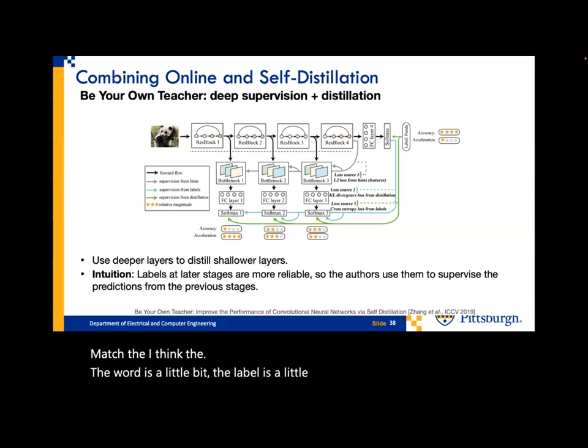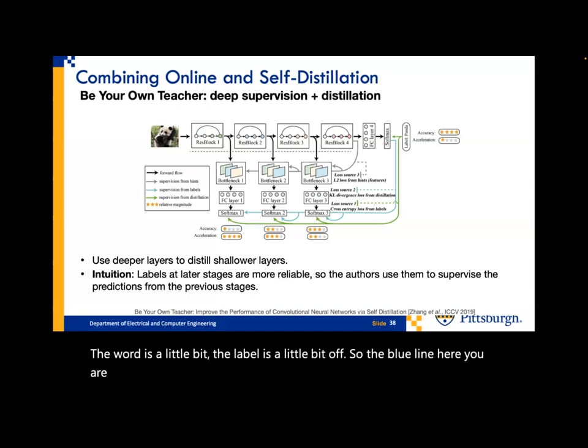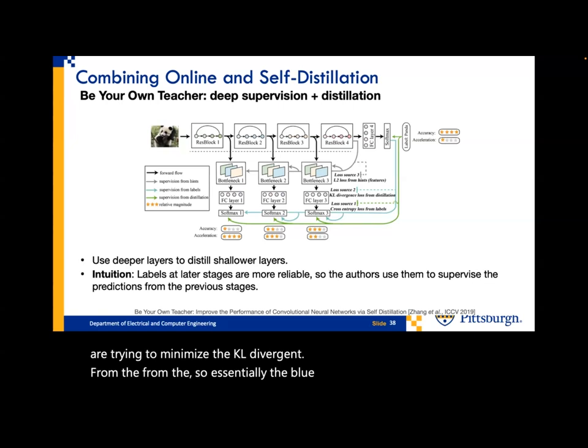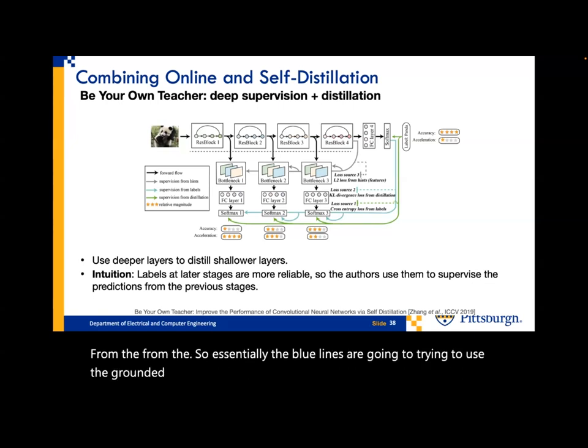So the blue line here, you are trying to minimize the KL divergence, essentially using the ground truth to train this network.